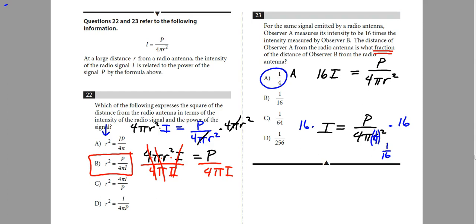So I believe the correct answer for this one is A, 1/4. That's the only way you're going to get a factor of 16 on both sides. Because if the bottom was 1/4 and you square it, that's 1/16. So to get back to where you were, you'd have to multiply by 16. So the correct answer there is A.